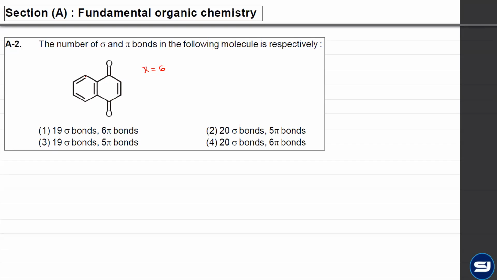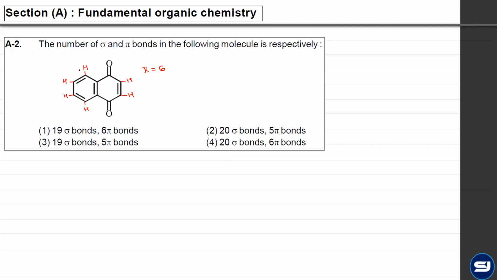Now sigma bonds. All the carbon atoms would be joined by sigma bonds. So double में भी there will be one sigma bond और बाकी single bonds जो है वो भी sigma bonded होंगे. ठीक है, so 1, 2, 3, 4, 5, 6 of the ring, 7, 8, 9, 10, 11 second ring, 12 and 13. तो ये तो हो गए जो सिग्मा बॉन्ड्स विजिबल है फ्रॉम द बॉन्ड लाइन फॉर्मूला. बट इफ यू लुक एट द कार्बन की वैलेंसी, बिकॉज इट इज टेट्रावेलेंट, दिस कार्बन का फोर्थ वैलेंसी विल बी सेटिस्फाइड विथ H. सिमिलरली दिस कार्बन्स विल हैव द हाइड्रोजन्स आल्सो बॉन्डेड टू देम, व्हिच आर ऑब्वियसली सिग्मा बॉन्डेड.